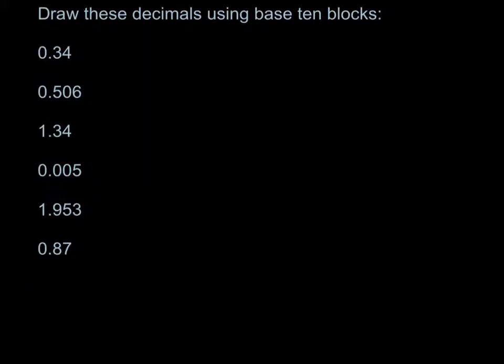All right, we are going to draw these decimals using the base 10 blocks. Let's just take a minute to review those symbols. At the bottom of your screen, I'm going to show you those base 10 blocks once more. We have a little square, which represents a cube. We have a long, which represents 10. We have a flat, which represents 100.